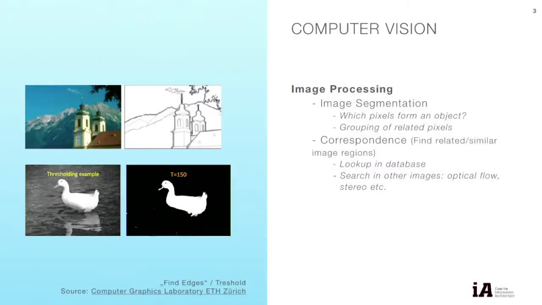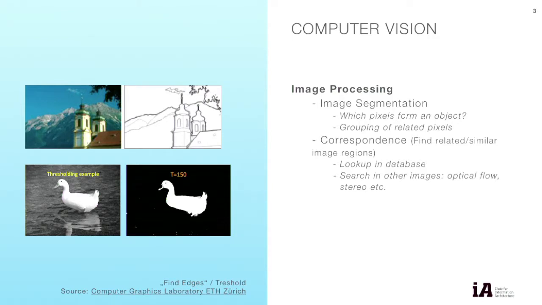One big topic in computer vision is to find segmentations in images so that a computer knows which objects are in an image. This is done with several techniques. One is finding edges, the other is threshold. There are others.